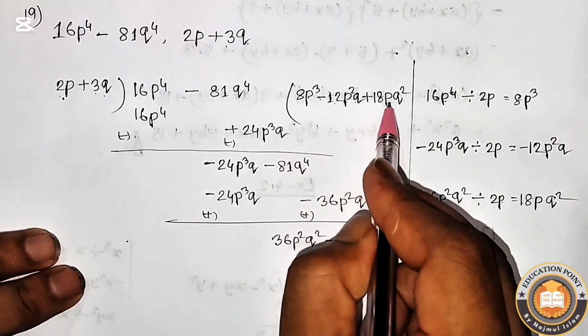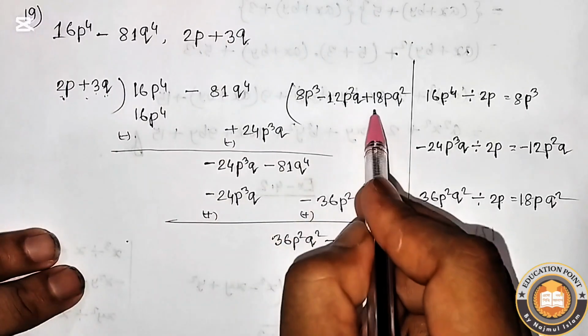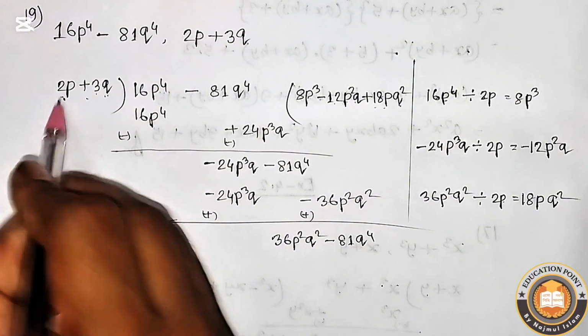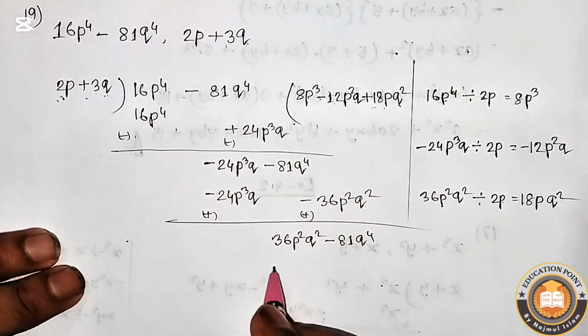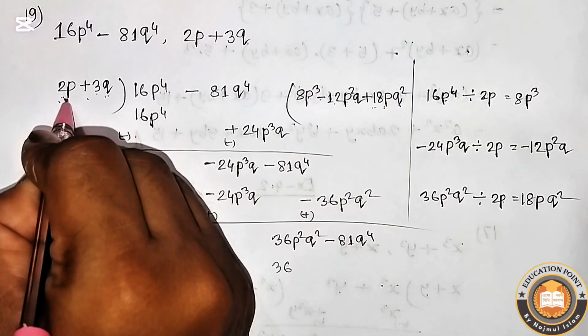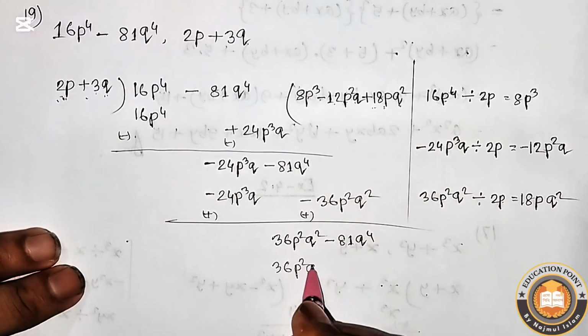Now plus 18p q square multiplied with 2p plus 3q. At first 18p q square multiplied with 2p: 18 times 2 is 36, p multiplied with p equals p square, then q square.